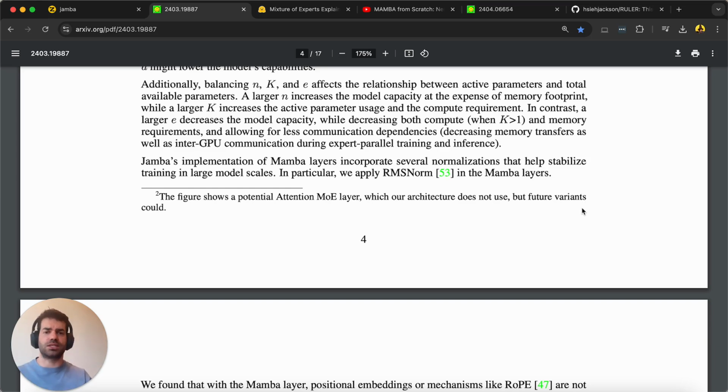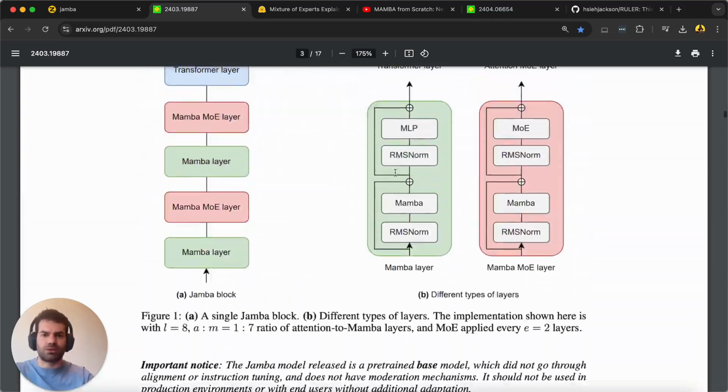When you scale up models and want to add more parameters to make them capable for production, you really need normalization of some sort. The gradients are exploding, and all the activations are a mess. This is what the RMS norm in the Mamba layers helped with, as you can see here.